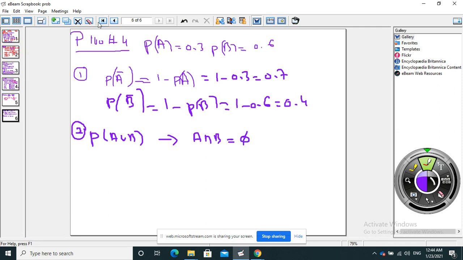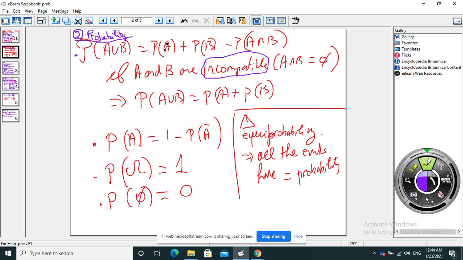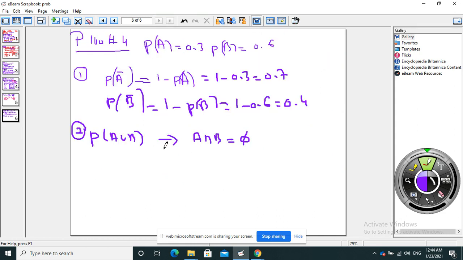Now we know the formula is P of A plus P of B minus P of A intersection B. When it's mutually exclusive, meaning incompatible, there is no intersection, it's 0, so it's just P of A plus P of B.